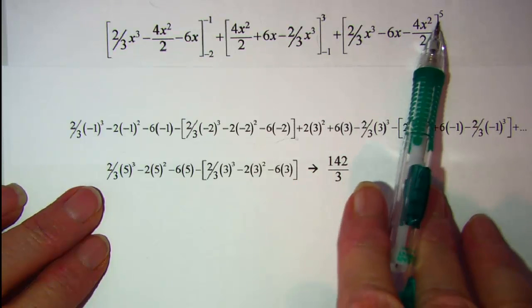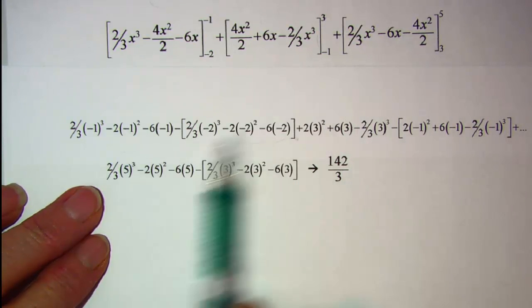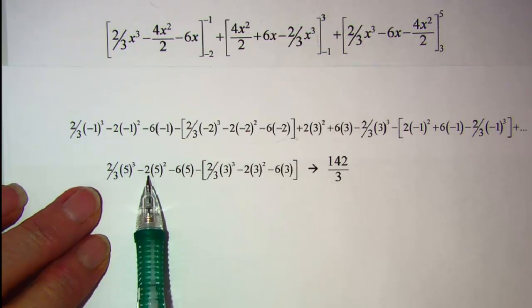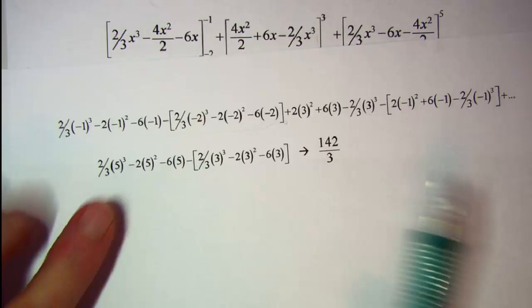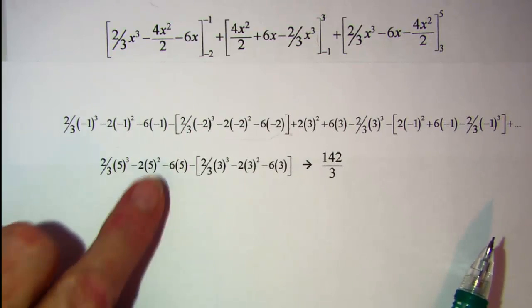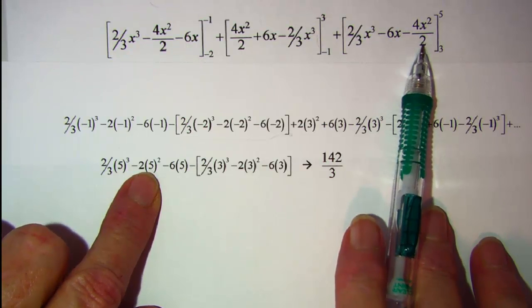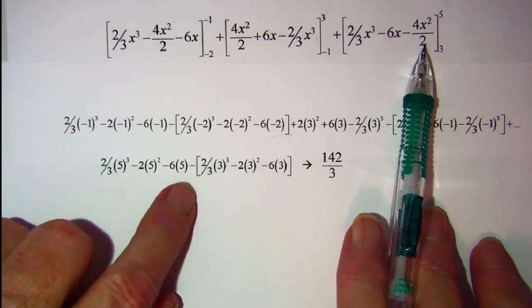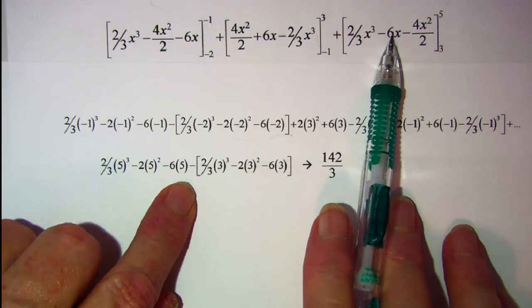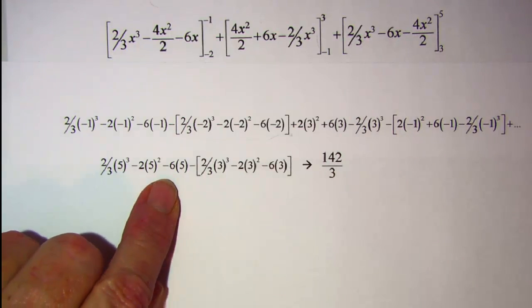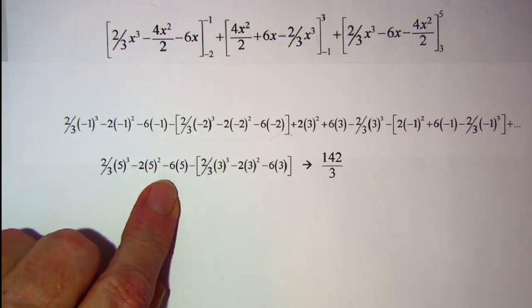This one we're going to sub in 5 first, and so 2/3 times 5 cubed minus 2 times 5 squared, and then minus 6 times 5. I don't know why I mixed those two terms up, but addition is commutative, so it doesn't hurt anything.